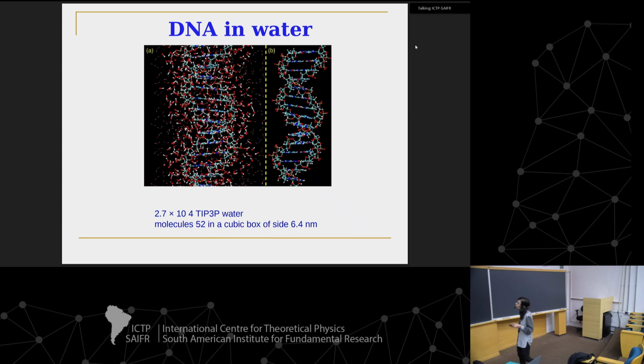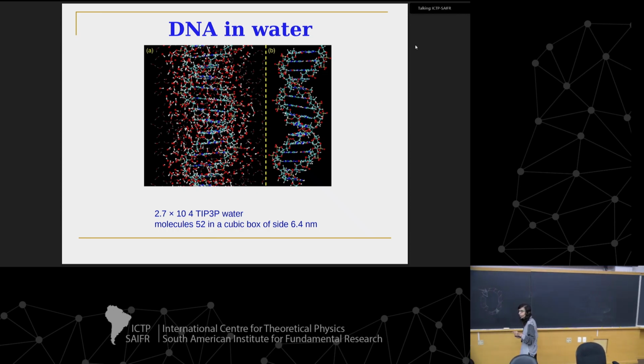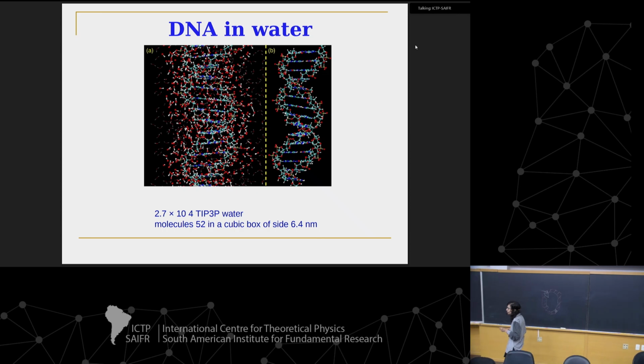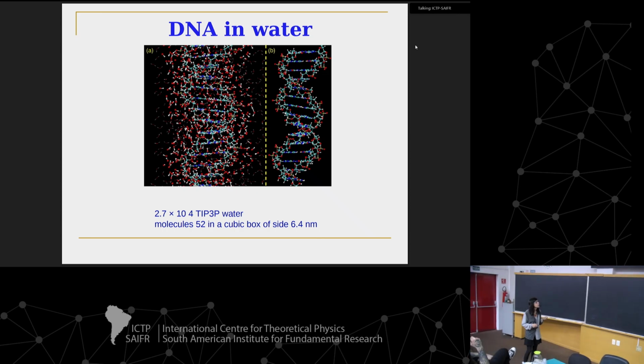And now we are going to do the following. You are going to put a segment of DNA inside a box with water, and we are going to observe what happens with the water within the minor groove and within the major groove, okay?